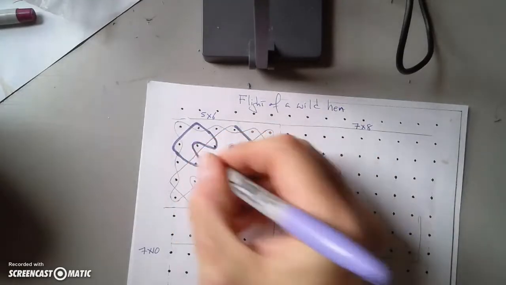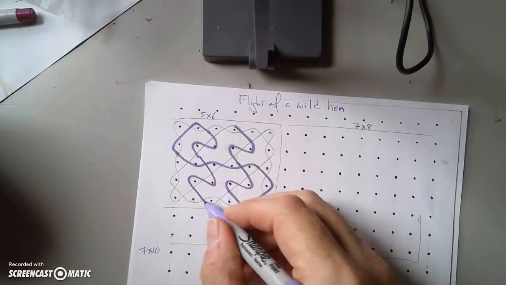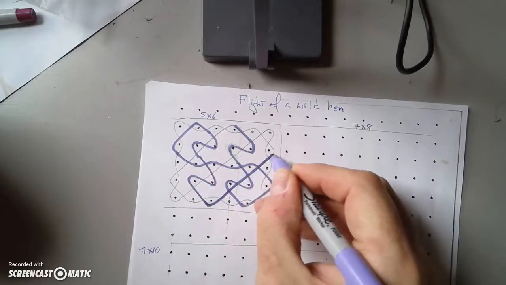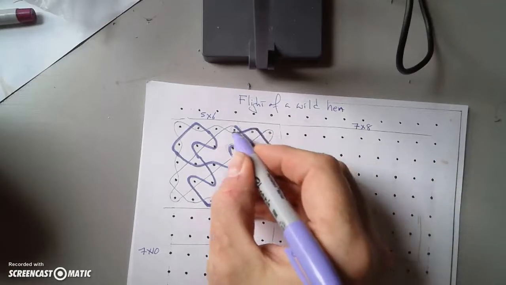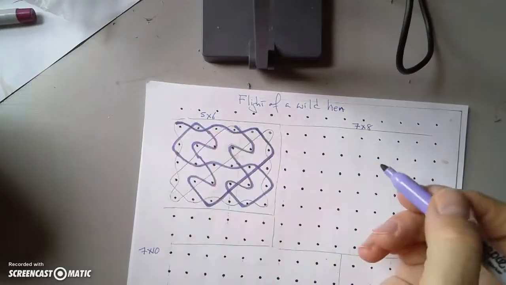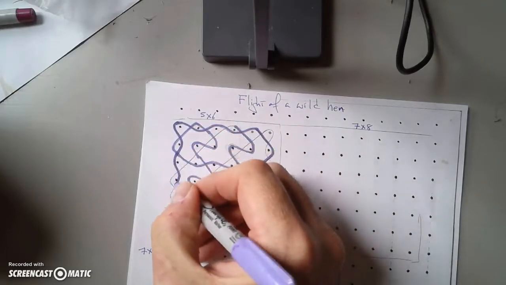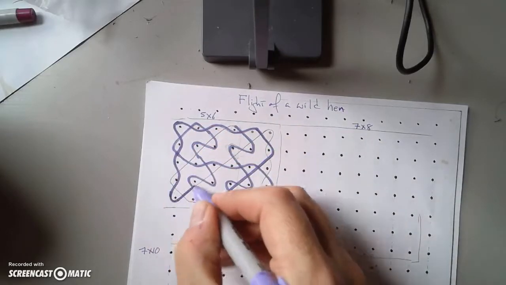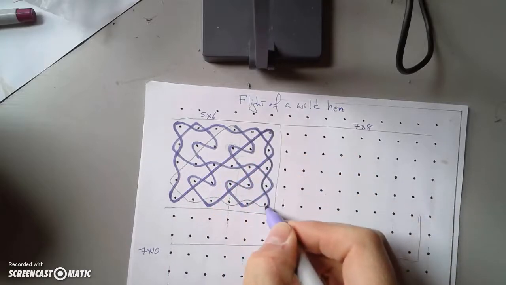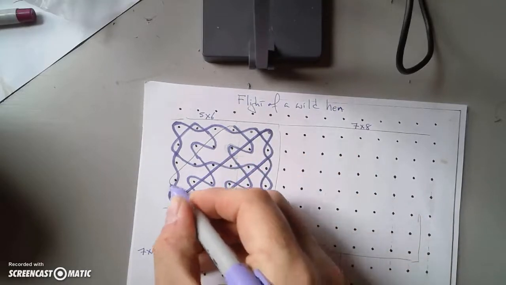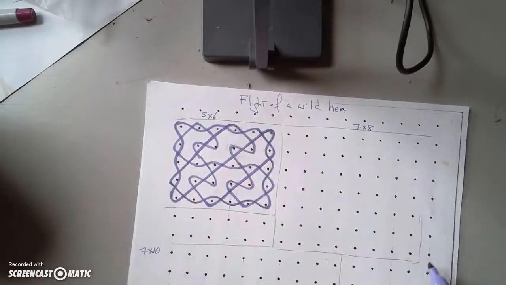So there's that shape, hitting the sides, bouncing, bouncing, and now we're on the edge. So there's a wiggle effect. And continue that down here, and straight back up, wiggle, hitting a side, straight back up, and done.